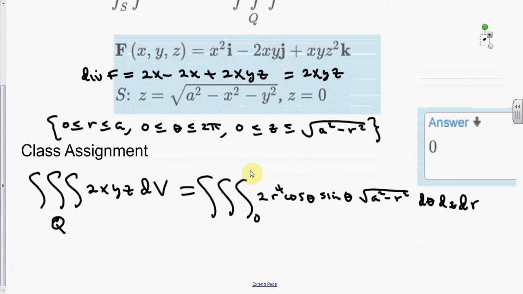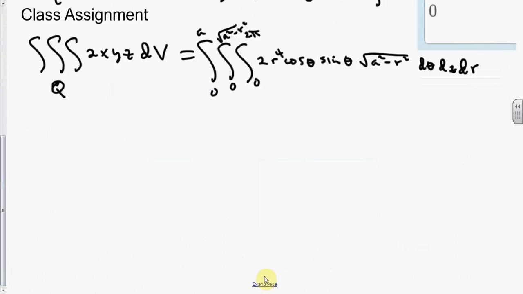So theta goes from 0 to 2 pi. Z goes from 0 to the square root of a squared minus r squared. And then r goes from 0 to a. Now when you integrate with respect to theta, we let u equal sine theta, du picks up cosine theta.